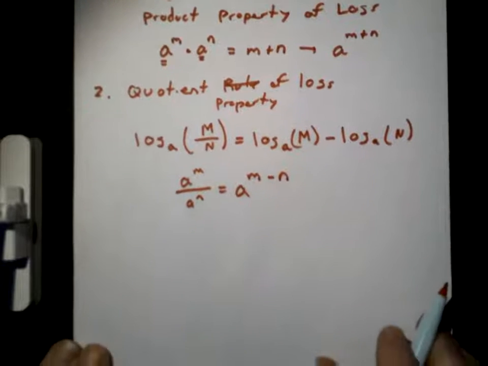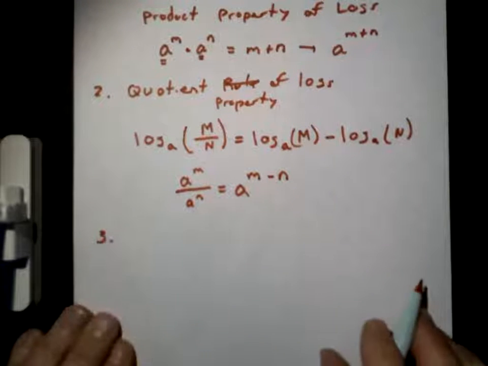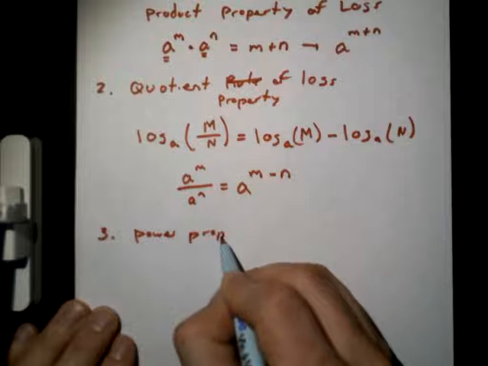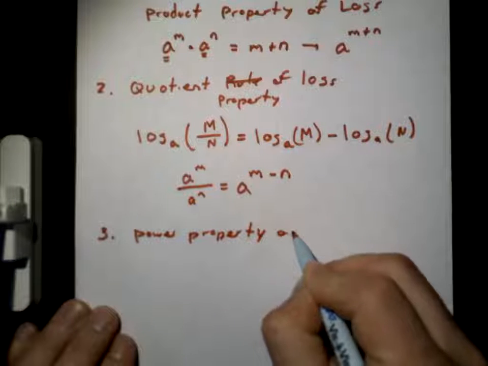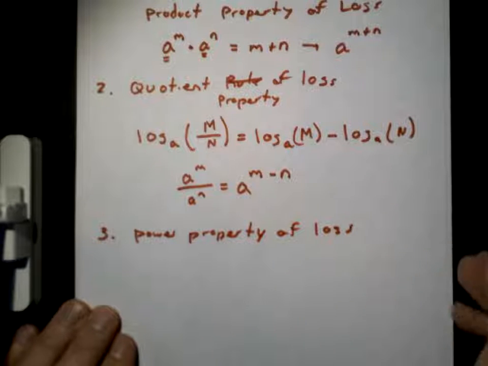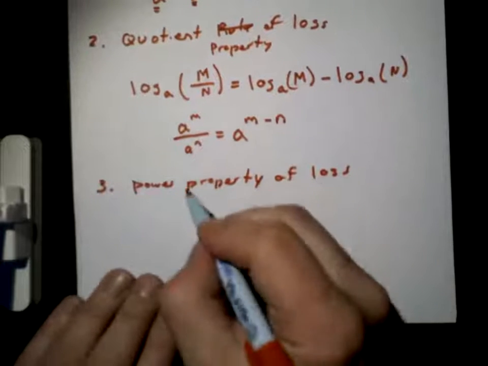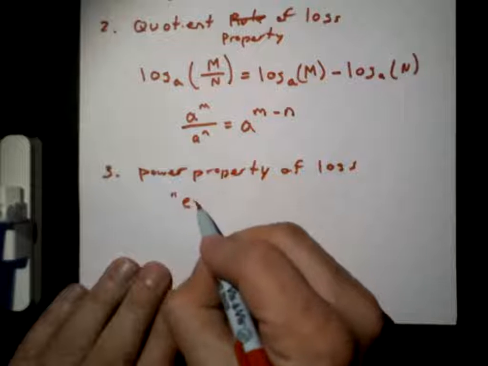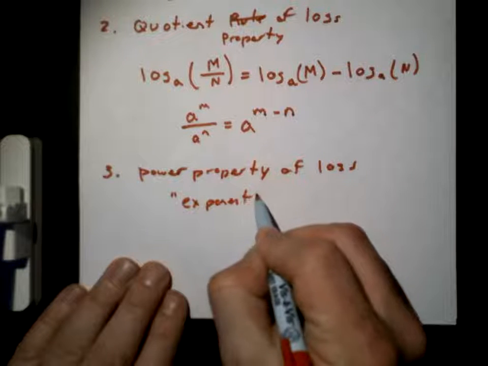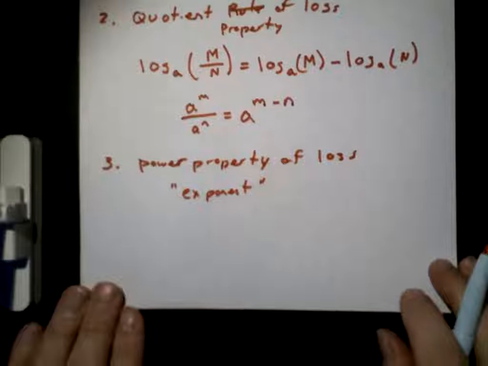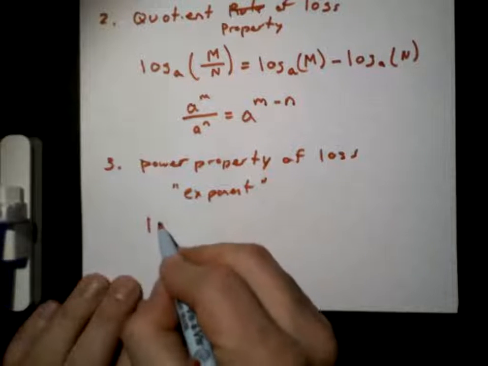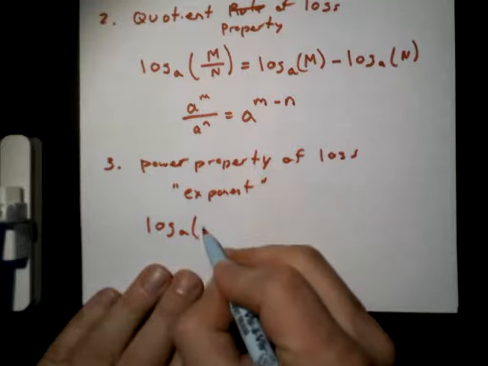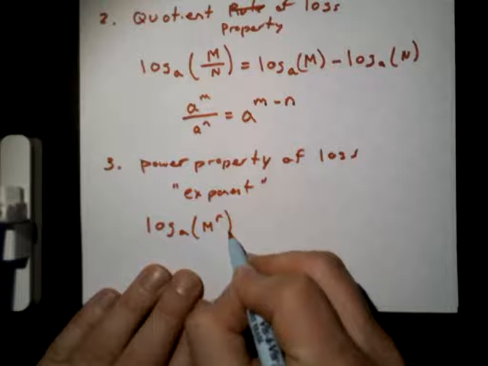All right, property three. This is called the power property of logs. It's called the power because it's like an exponent. So this is kind of how it goes: log base a of m raised to the r.